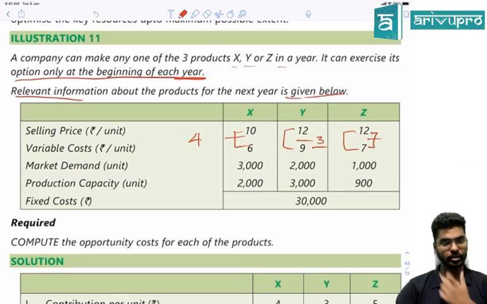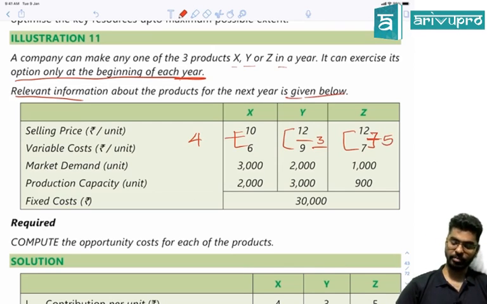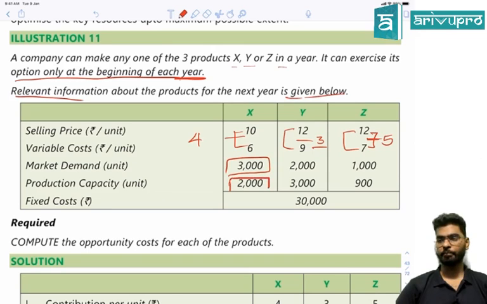Now see here, if my market demand is 3000 and production capacity is 2000, how much money will you make? Guys, I'm only asking about product X. When I say money, I'm talking of the contribution.